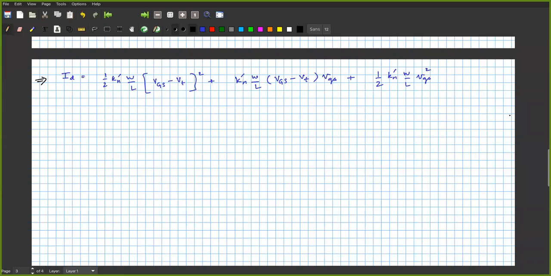The voltage which you give for the current to flow in the MOSFET is VGS, and the output current is the current flowing between the source and drain, that is the drain current.